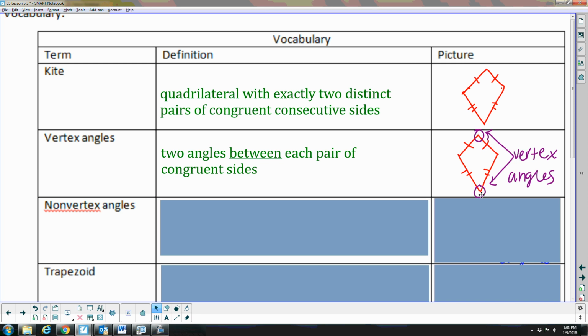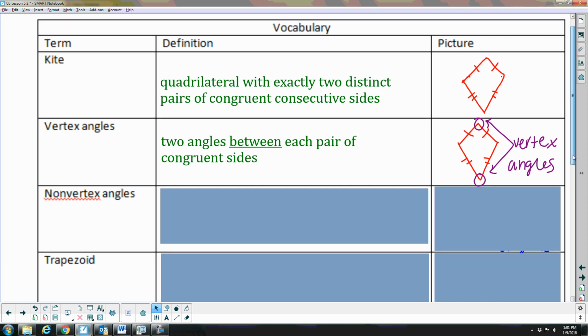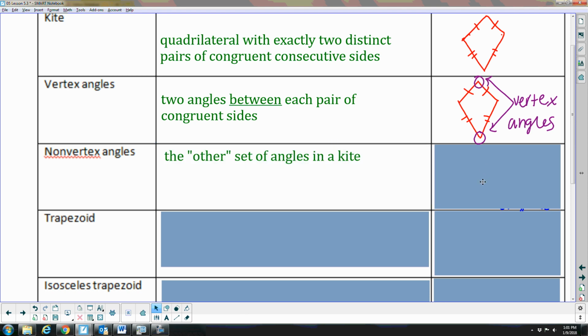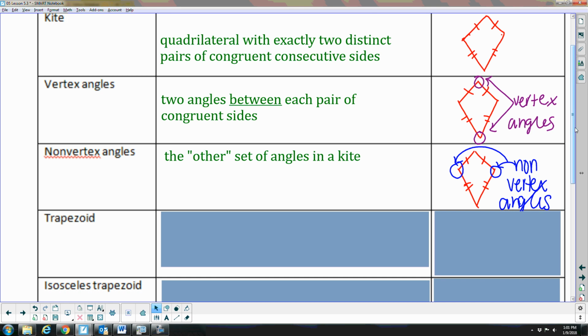So in the purple, those are your vertex angles. And they're the same as the vertex angles of the isosceles triangles that make up that kite. The non-vertex angles, those are just the other set of angles in a kite. So if these are the vertex angles, then the other two are the non-vertex angles.